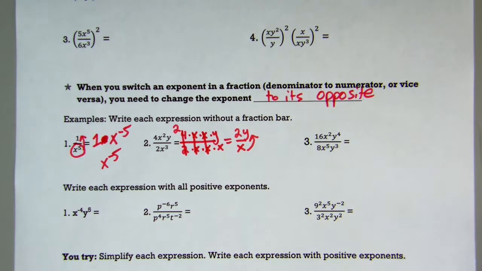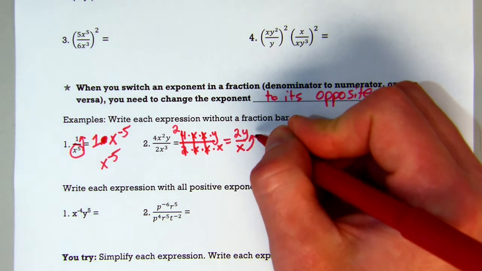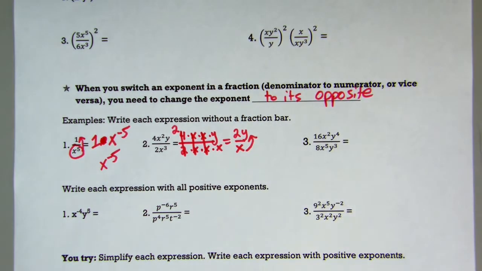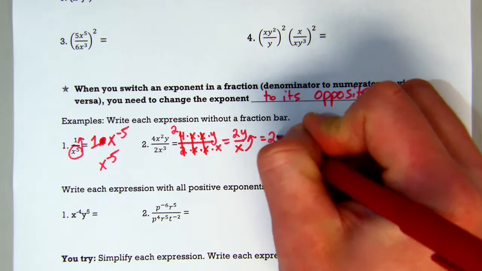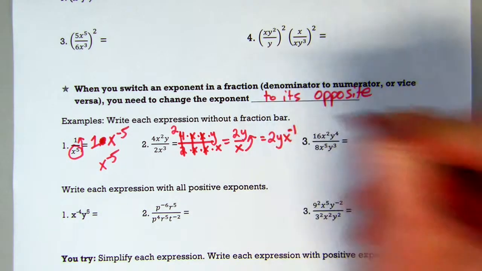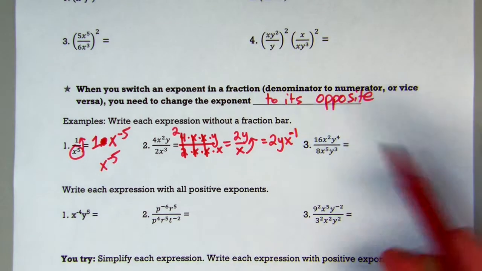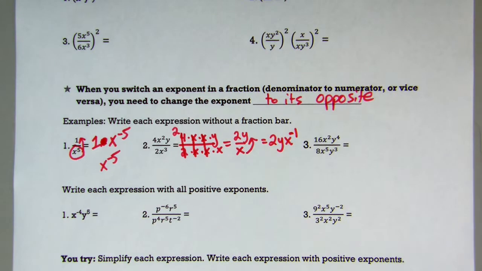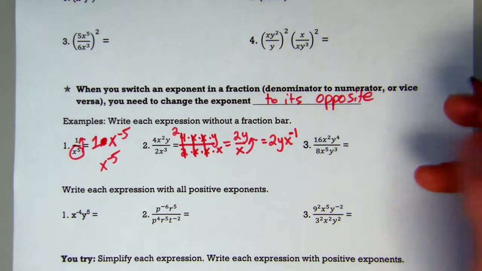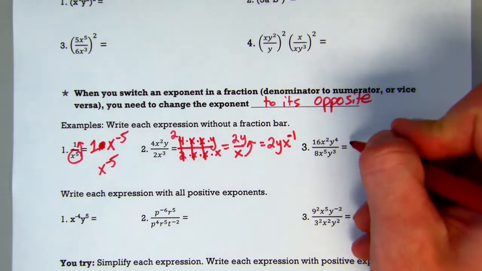Then I have y over x. Move x up to the numerator. So it's going to equal 2y, and then x. Anytime we see a variable by itself, it's to the 1st power.